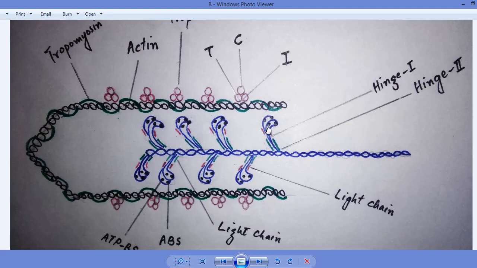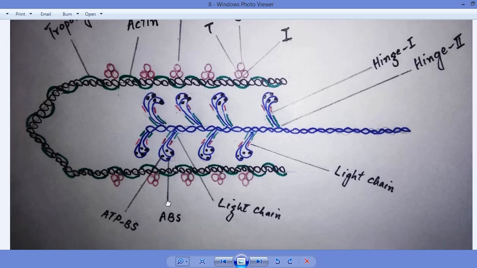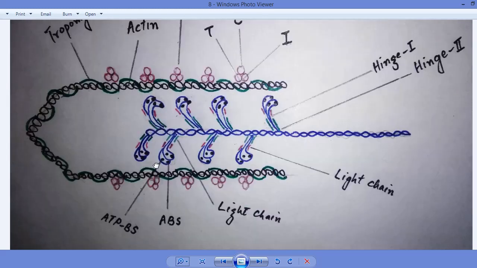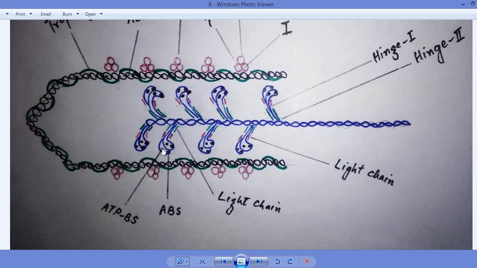As we go into the detail, the head area of the myosin contains two sites, and I have mentioned over here the ABS and ATPBS. This is the actin binding site of the myosin head, and the ATP binding site of the myosin head.